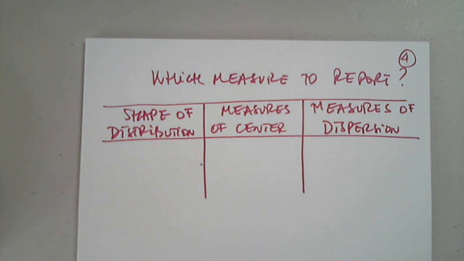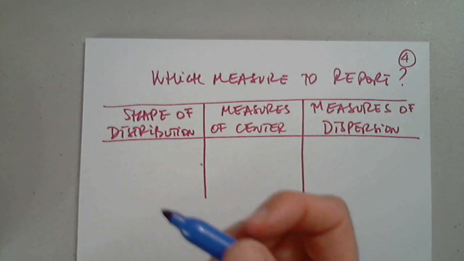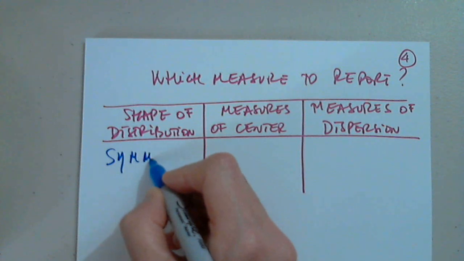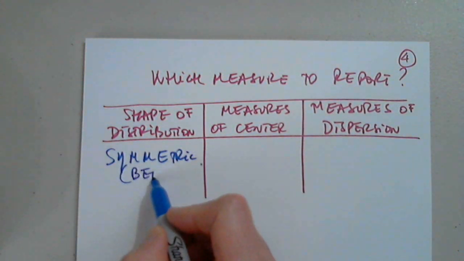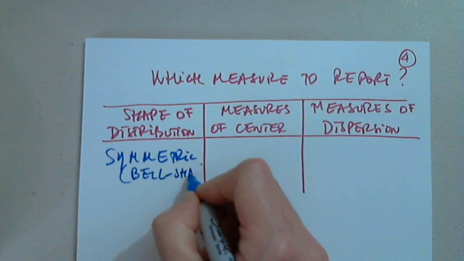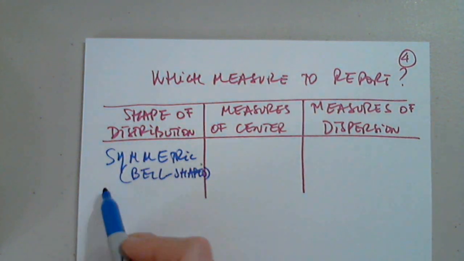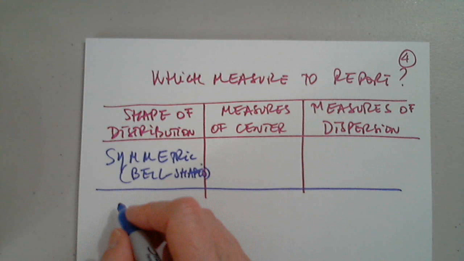Basically, we looked at 3 distributions, uniform, symmetric, and skewed. But we are basically looking right now at symmetric, bell-shaped, in other words. That's one option. And the other one, skewed.